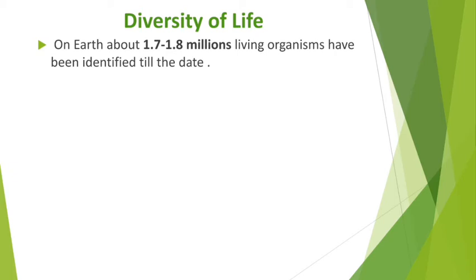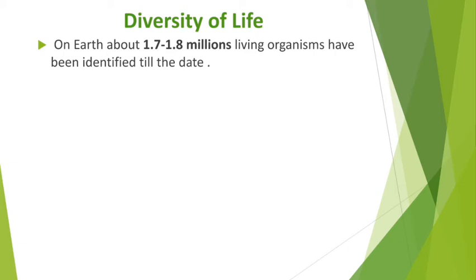So students, on earth about 1.7 to 1.8 million living organisms have been identified till date. There are many more living organisms still to be identified.